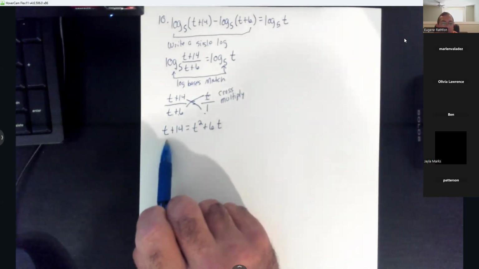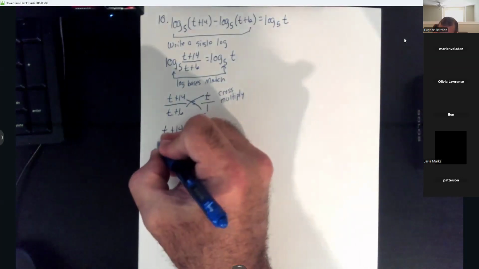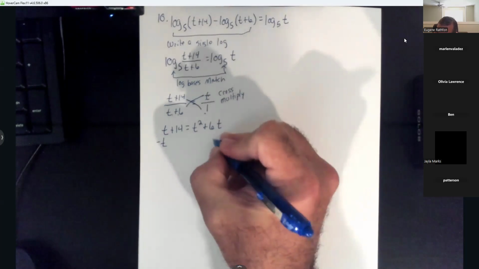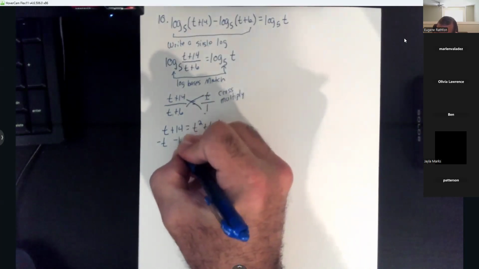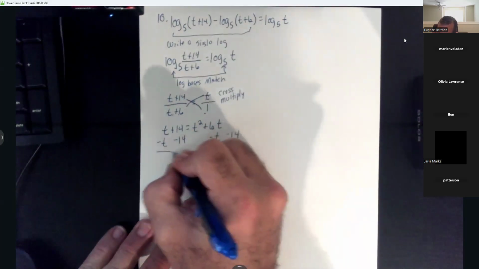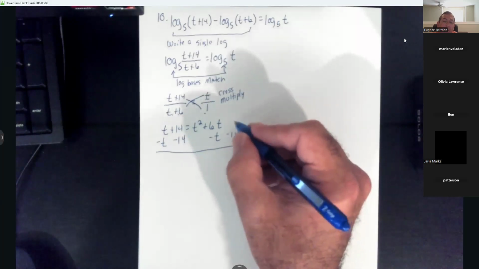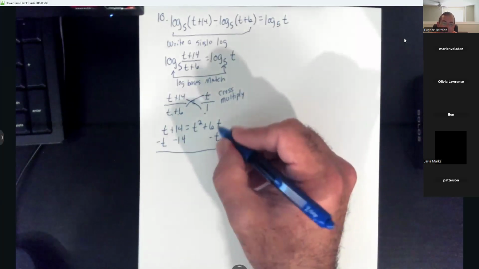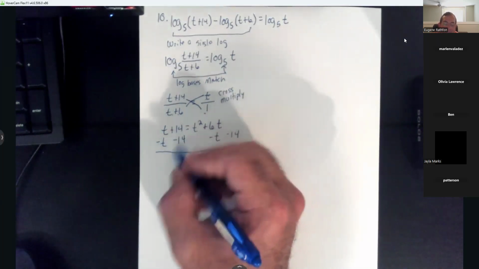That means I need a 0 over here and everything on this side. So I'm going to start out, I'm going to subtract t from both sides. And I'm going to subtract 14 from both sides. Now I'm just putting the 14 out here because it would go where the number was. The t's line up and then my t squared, okay? So that cancels, that cancels.